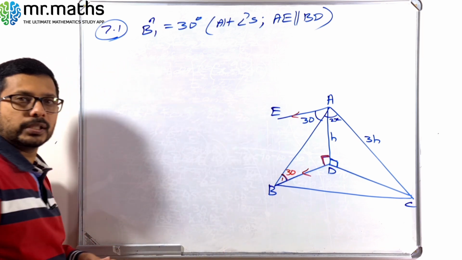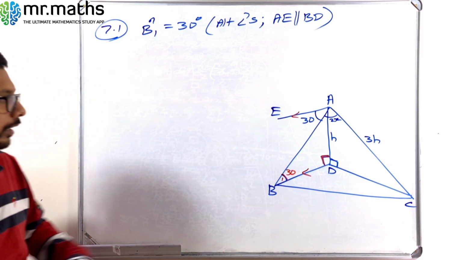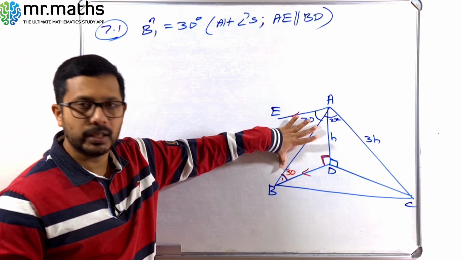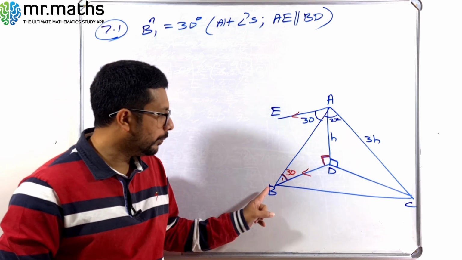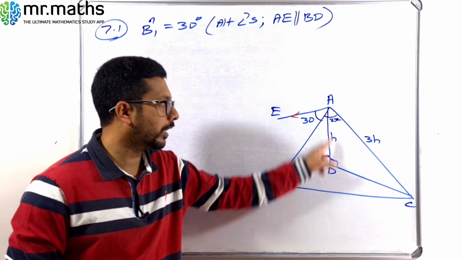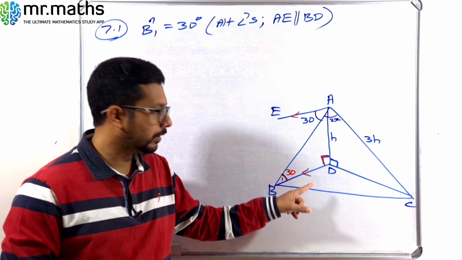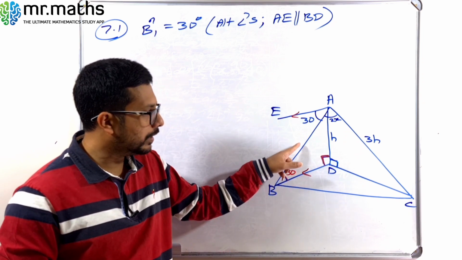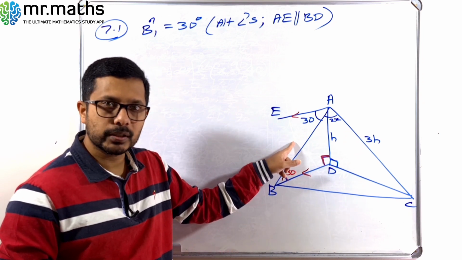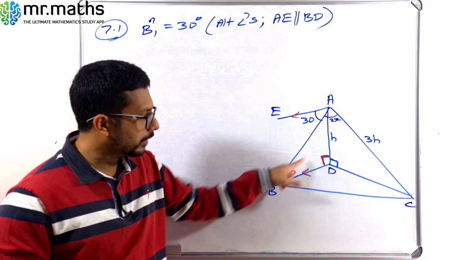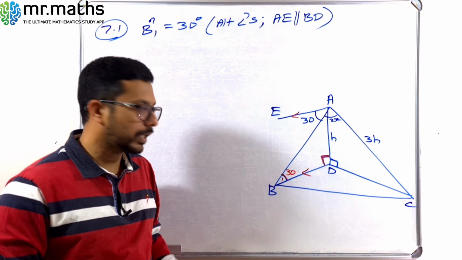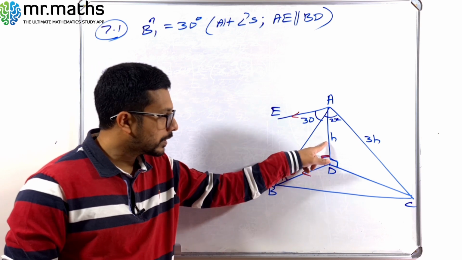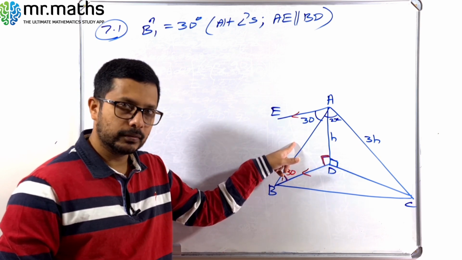Now what is our question? You have to write the distance AB in terms of h. So now look at this triangle ABD. That is a right-angled triangle, and this is 90 degrees. That means AB is the hypotenuse. Based on this angle, this one is the opposite side. So which trigonometric ratio connects the opposite side and hypotenuse?